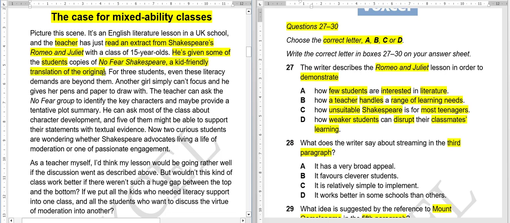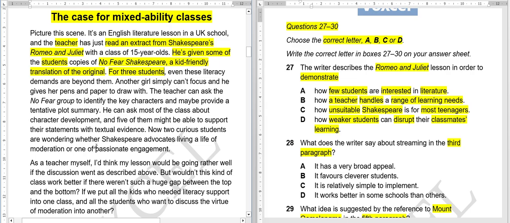It is the same story but it's a kid-friendly translation. The words used are much simpler to understand, or used in day-to-day conversation. For three students, even these literacy demands are beyond them. Even these simple words are still complicated for three students.